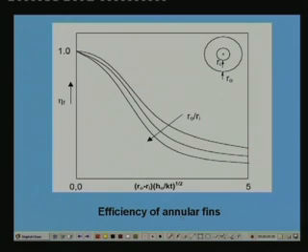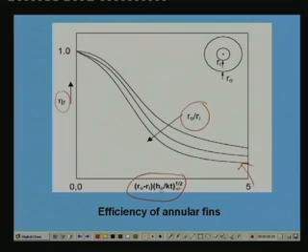This picture here shows the fin efficiency of an annular fin. Here we have on the y axis the efficiency, and on the x axis we have this parameter (r naught minus ri) into (h naught divided by kt) to the power of 1 by 2. This is plotted for different r naught by ri ratios, and this is obtained analytically.